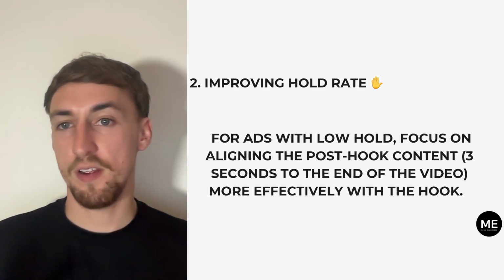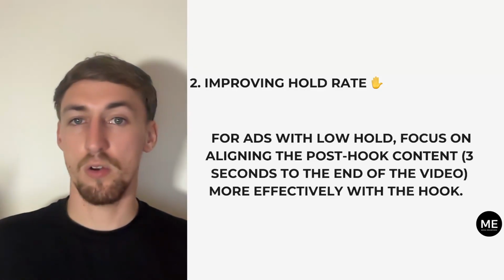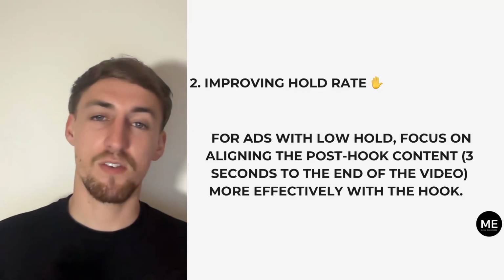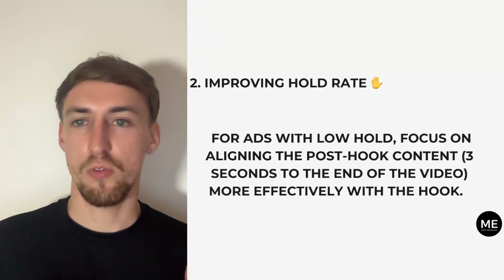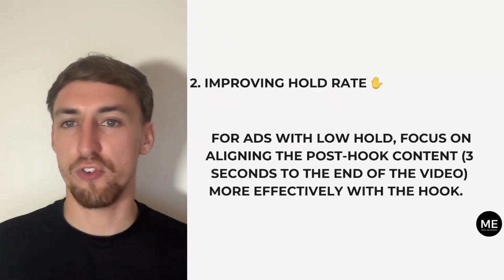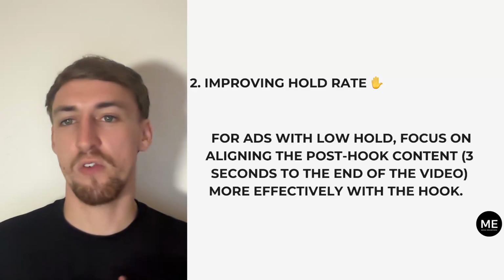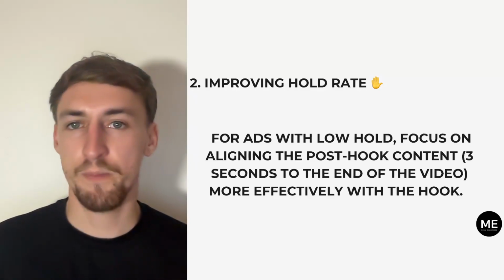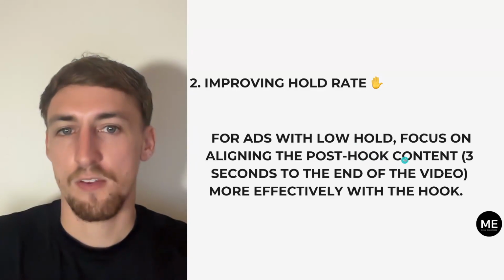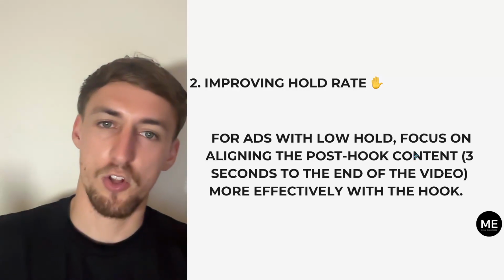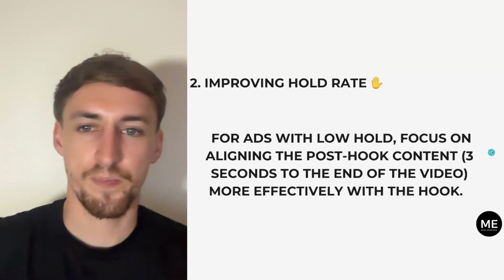So the hook is grabbing one person's attention and the rest of the ad isn't really built for them. That's when the hook variations can work against you a little bit. That's why it's always important that your hook variations align with the rest of the video. And that's what you're going to be doing here. So make sure that the hook content aligns with the rest of the video.